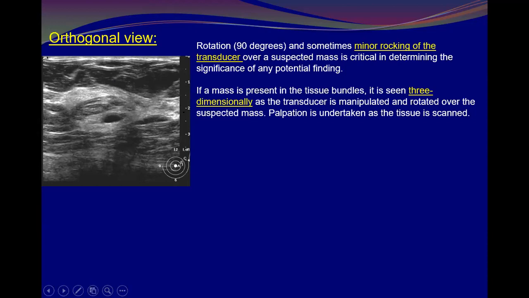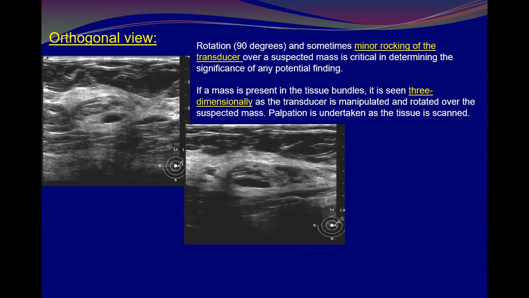It is humping, but a smooth hump. As we mentioned, some pressure and minor rocking of the transducer is sometimes helpful. Rotate, sweep, until you can see a three-dimensional view of the lesion or suspected mass. When we rotate, can you see any abnormality here?